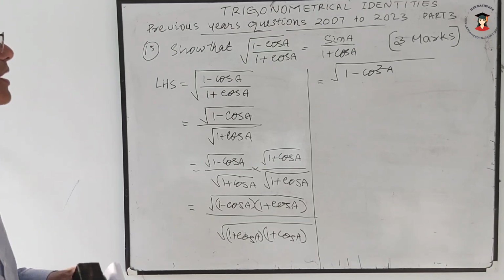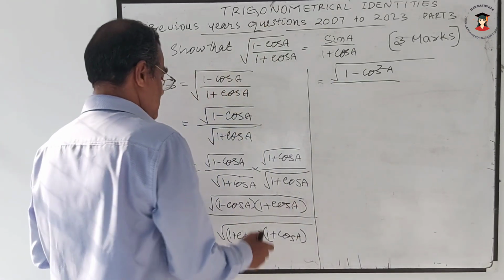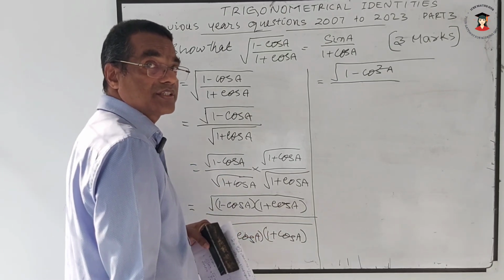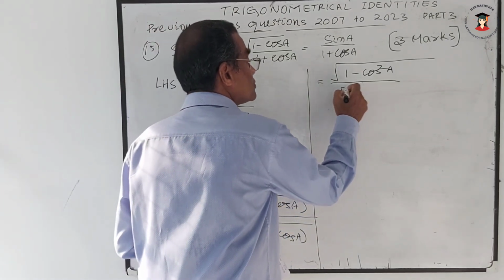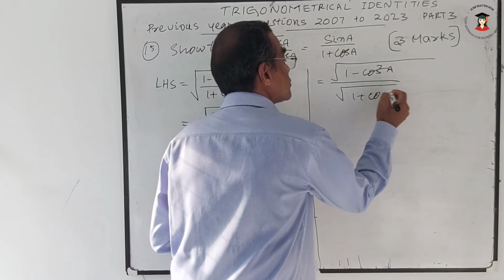Here A is 1 and B is cos A. In the denominator, 1 plus cos A into 1 plus cos A means x into x is x square, so it is 1 plus cos A whole square.